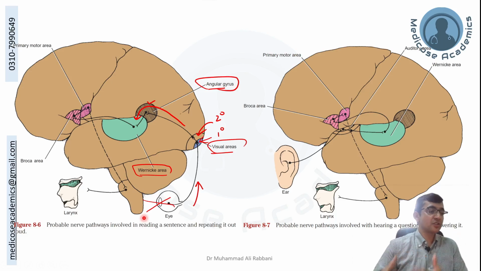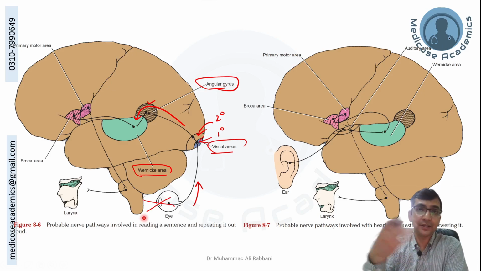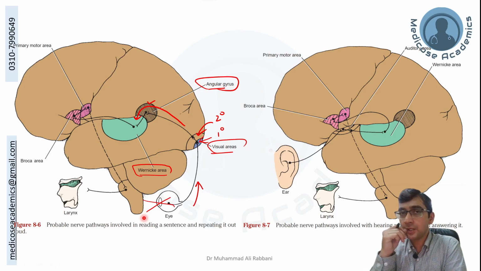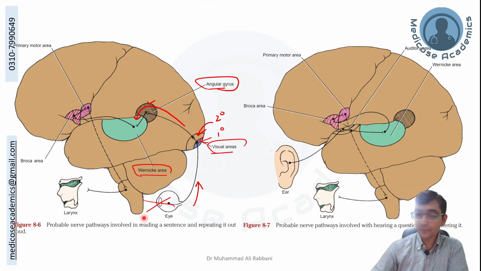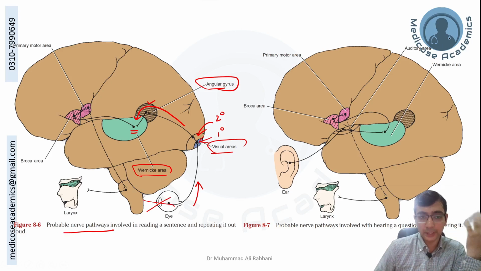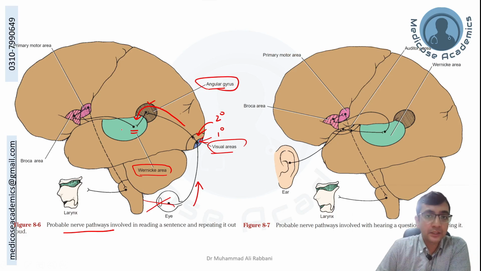Now you want to say something or you want to just read that statement aloud. How will that occur? The language component will be generated right here. Like verbal nerve pathways. The sound that goes in your head, that sound was generated by Wernicke's area. This was sent to the Broca's. The connection was with the arcuate fasciculus.